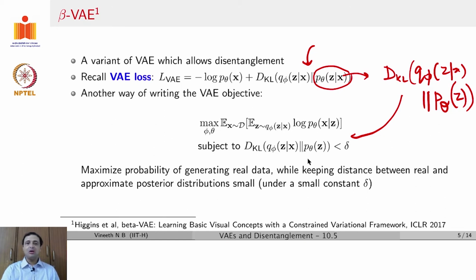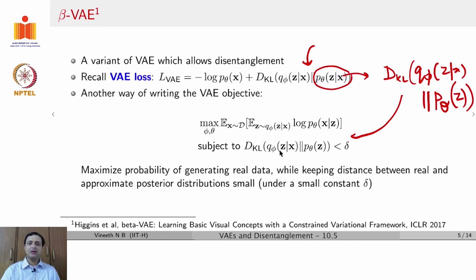To say as small, we say that the KL divergence should be less than some positive constant delta. This is another way of writing out the same objective. You can say now that we are maximizing the probability of generating real data while keeping the distance between real and approximate posterior distributions small, which boils down, using the evidence lower bound, to keeping the distance between the approximate posterior and the prior small.